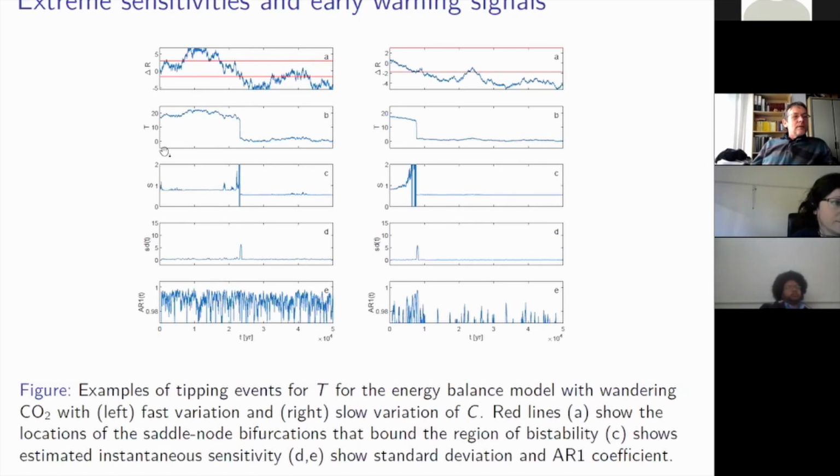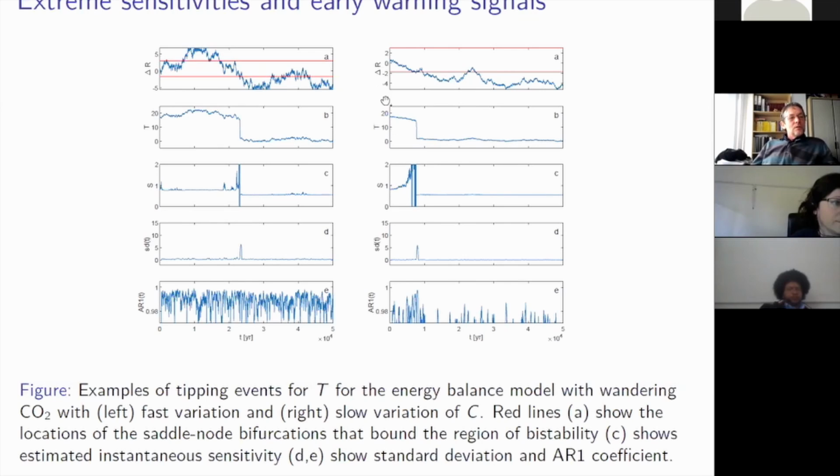So the left one corresponds to a case where the evolution of the CO2 is relatively fast. In particular, it's not much slower than the timescale of evolution of the temperature. If we slow down the CO2, which is what's happening on the right, then you can get much clearer signals.